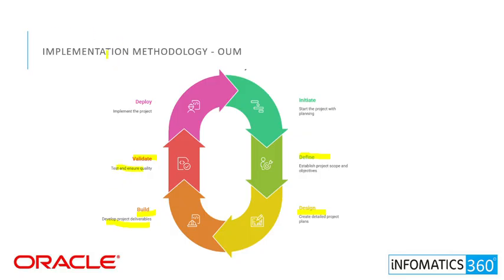Then the last one is deploy. We go live, the system is ready for use, and we start post go-live support to help the client smoothly adapt to the new system. So at the end of the day, what we expect from the client is to adopt the new system.